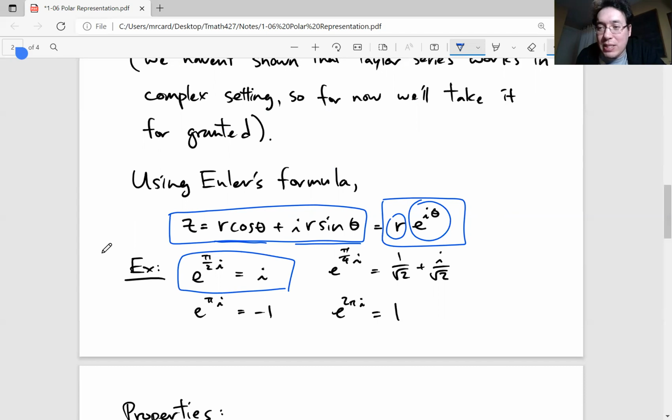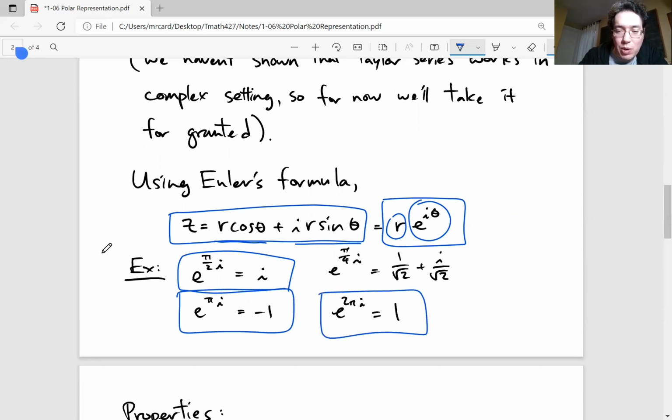That's the complex number i. e to the pi i is -1, e to the 2 pi i is 1. If we go 45 degrees, then maybe you remember cosine of 45 degrees, or pi over 4, is 1 over root 2, or the same thing as root 2 over 2, and the same with sine. So that's how you can compute these if it's a nice angle.